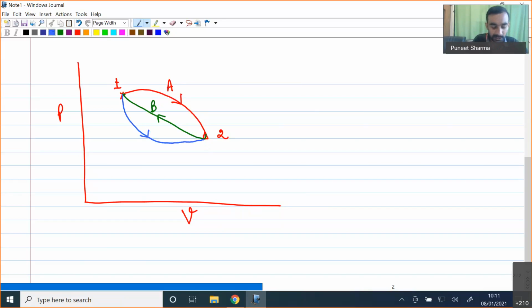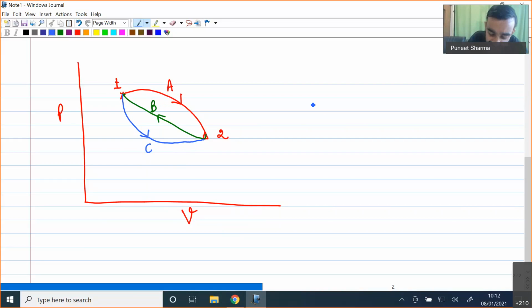Once again, the path taken by it is referred to as C. Now you can clearly see that I have one combination for obtaining the reversible cycle as A and B. A is moving in the forward direction and B is moving in the reverse direction. Another combination which completes the thermodynamic cycle between these two states 1 and 2 is C and B. So C is moving in the forward direction and B is moving in the backward direction.